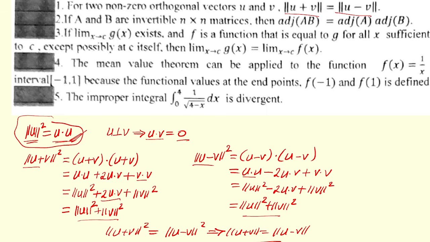Question number 2. If A and B are invertible n by n matrices, then adjoint of AB is equal to adjoint of A times adjoint of B. First, remember the property we have: for invertible matrices A and B, the inverse of AB is the same as B inverse A inverse.